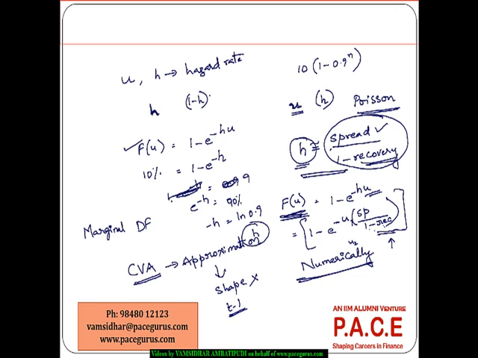A few interesting points come out: the annual probabilities of default are increasing with time, because we generally see that the credit curve is upward sloping. So the probability of default is also expected to increase with time.